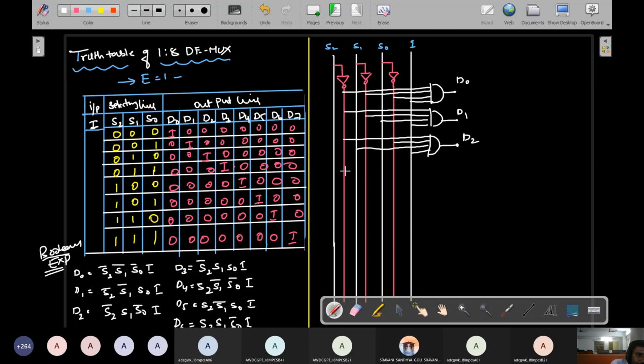Similarly, D3 is S2 bar, and then S1, S0, enable. So this is called the D3 line. Next D4: S2, remaining are bars, S1 bar, S0 bar, and the input.